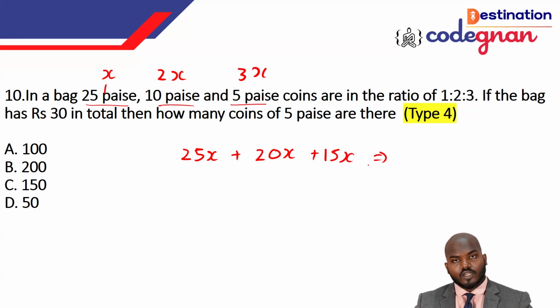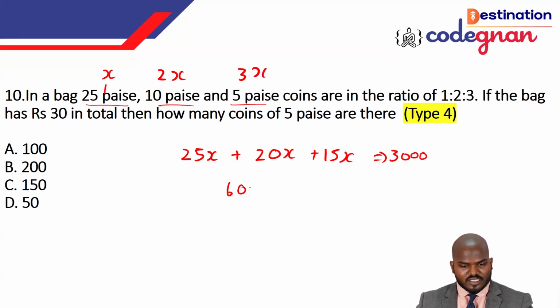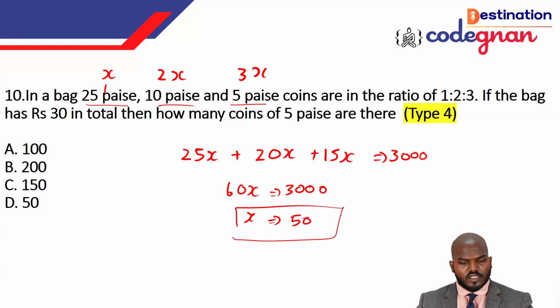So again, convert this as paise. 30 rupees, if you convert into paise, becomes 3000 paise. If you sum this, it will give you 60x. 60x is equal to 3000. That x you can say is 50 if you take the division to that side.